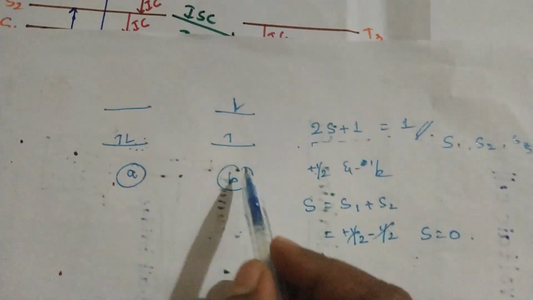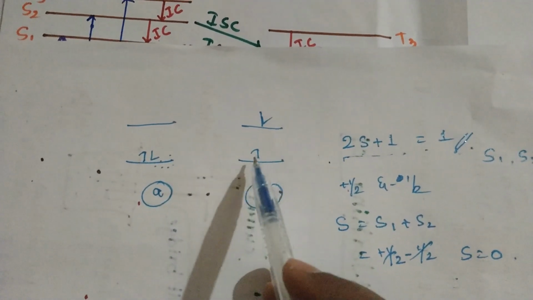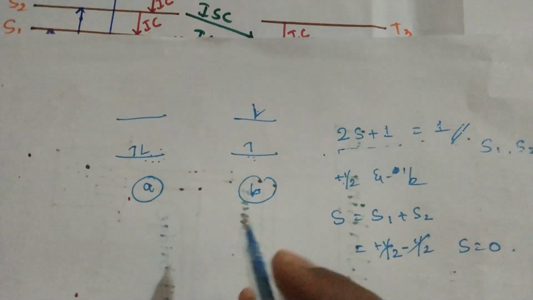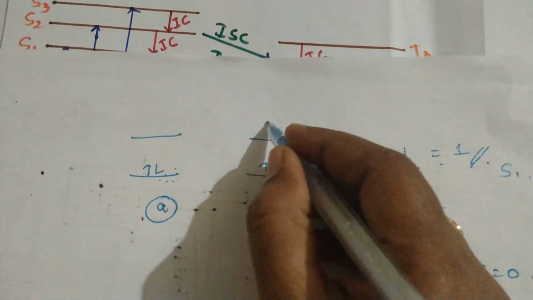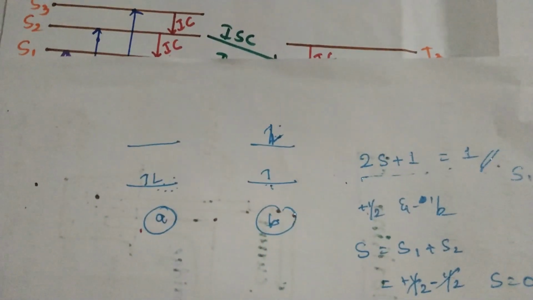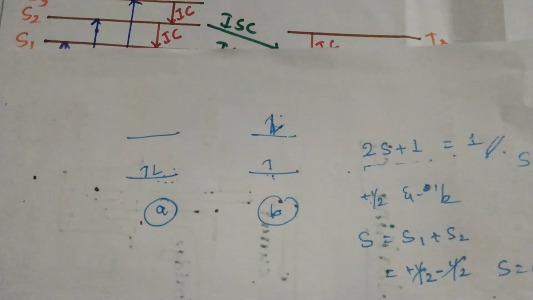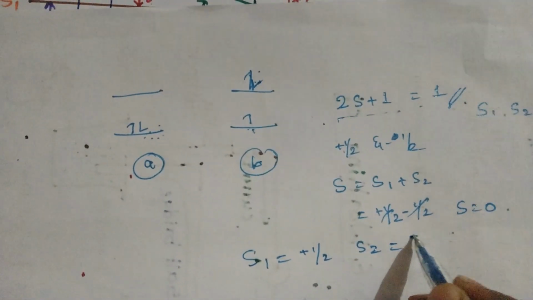Similarly, in the second case we have unpaired electrons in the ground state and excited state, with the same spin. That is, S1 equals plus half and S2 equals plus half.